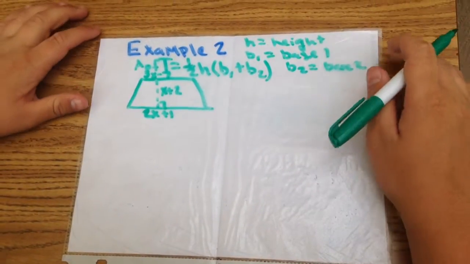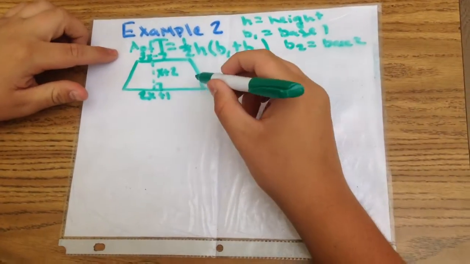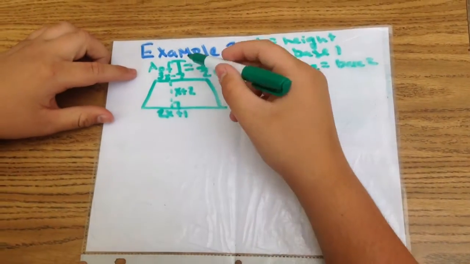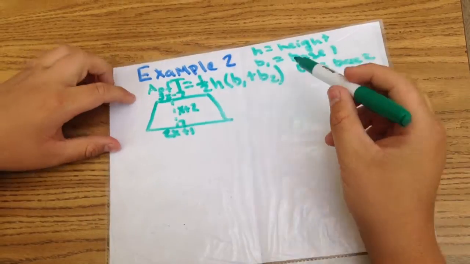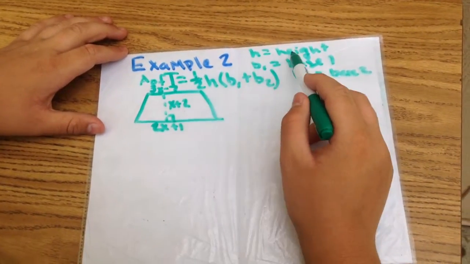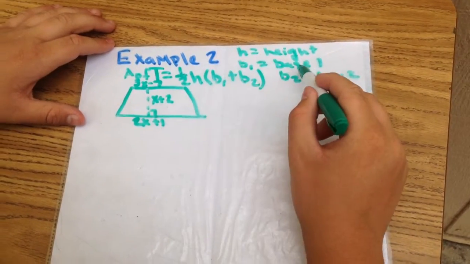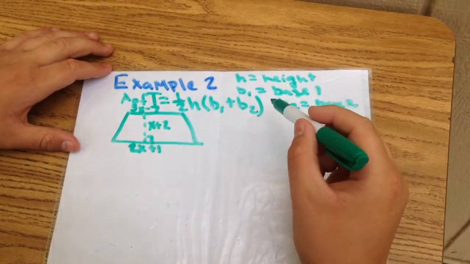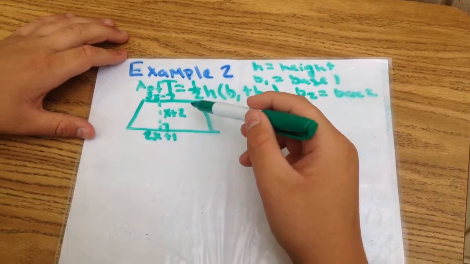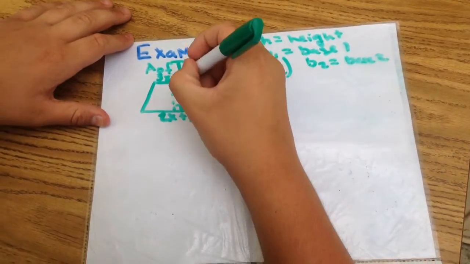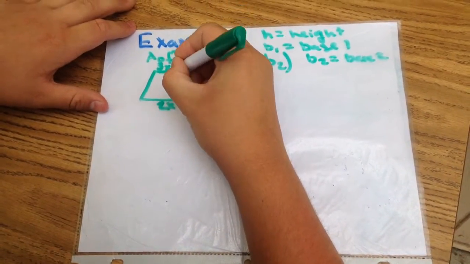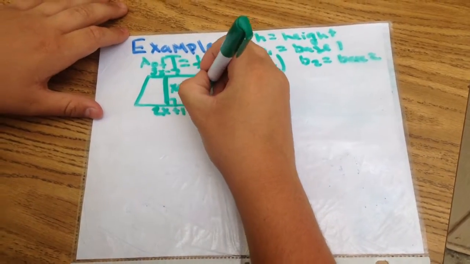Okay, so in example 2 here, we need to find the area of this trapezoid with the three polynomials they give us. And the area of the trapezoid is 1/2 the height times the sum of base 1 plus base 2. So now we need to figure out what variables we're going to input for each polynomial. So this line here means this is the height. So this is h.